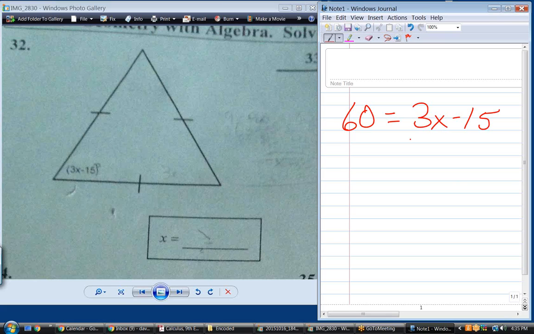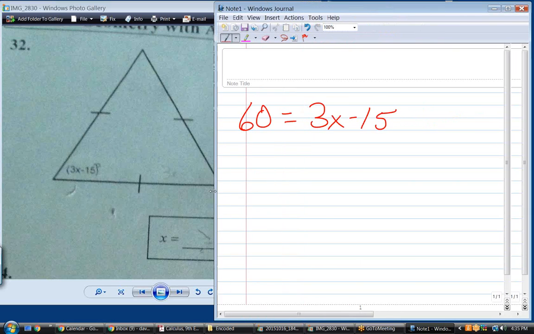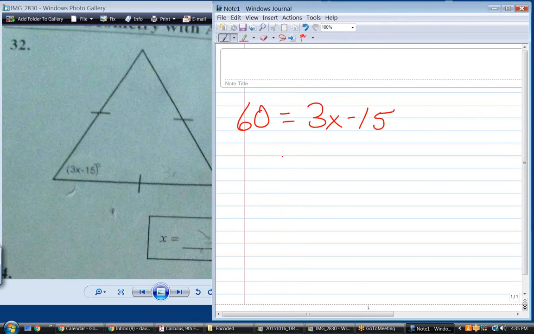Now let's solve this equation. Okay, so add 15. So read the next line to me, and if you want, tell me what you're doing. So you have to add 15 to both sides, so then you get 75 equals 3x.